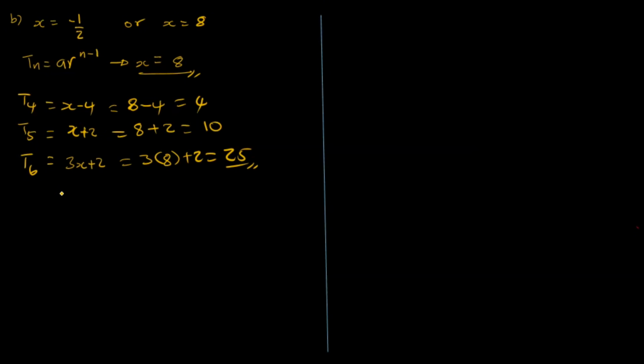Okay? So we have defined term 4, term 5, term 6. Therefore, we know R is term 5 over term 4, which will be 10 over 4, or R is term 6 over term 5, which will be 25 over 10.